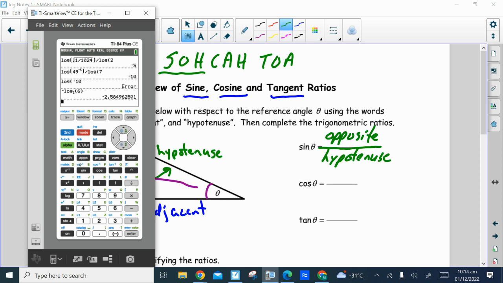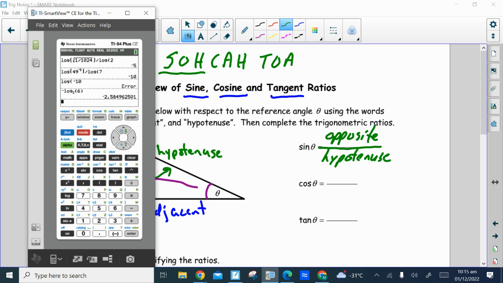Most calculators, you're going to press the sine button first, or the cosine, or the tangent. On my calculator, I've got SIN for sine, COS for cosine, TAN for tangent. All scientific calculators will have a sine, cosine, tan button.